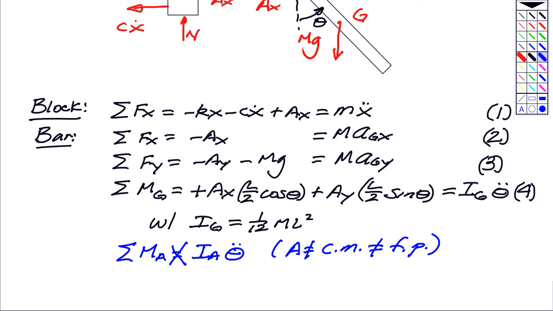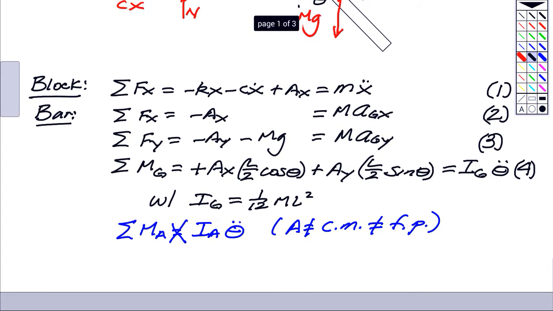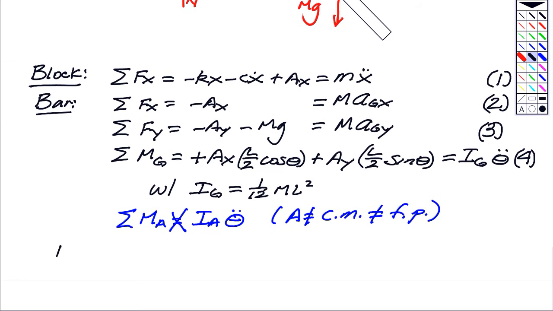Before I move on to the rest of what needs to be done, what I'm going to do is rewrite these equations just a tad, just to make it easier to see what we want. Equation 1 I'm going to write as AX is equal to m x double dot plus c x dot plus kx.